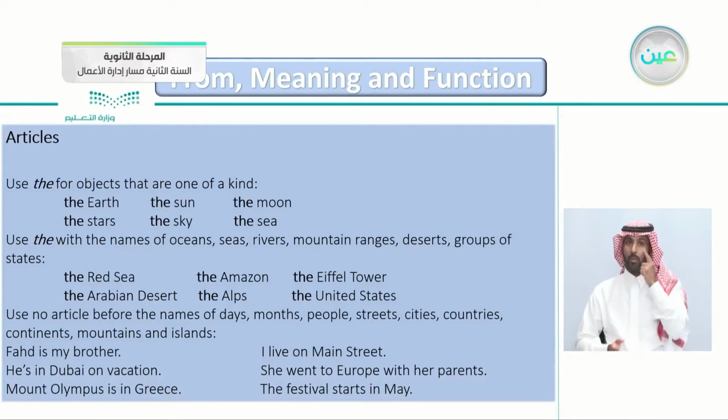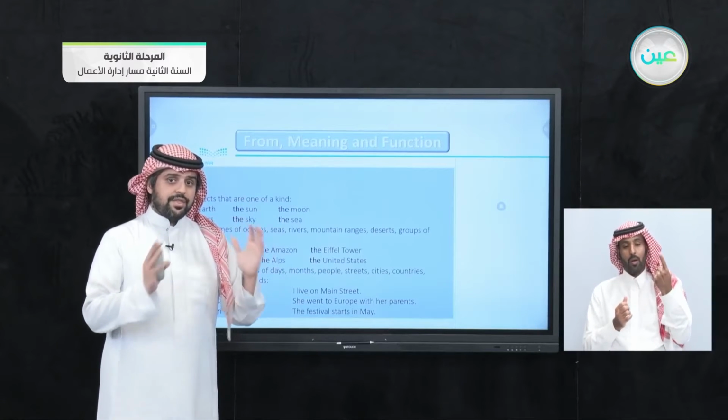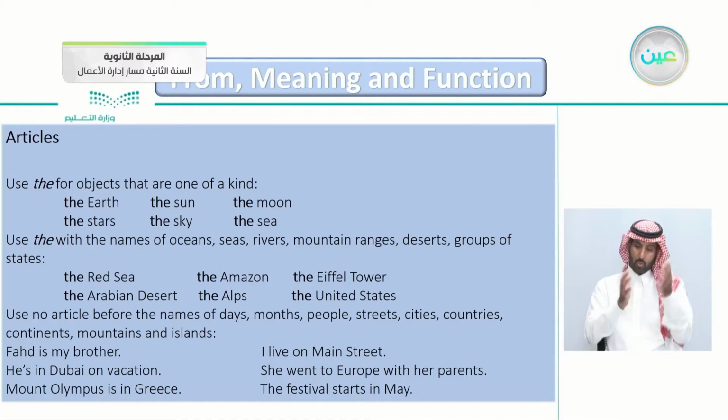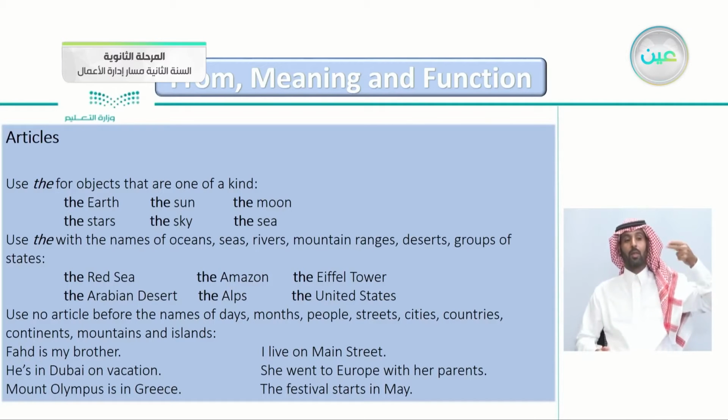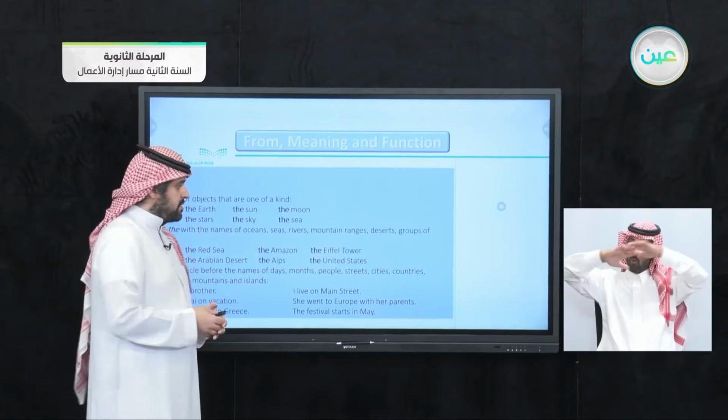When an object is one of a kind, there's only one, we use the. For example, here, the earth. You know that there's no other earth, only one earth. So we say the earth, the sun, the moon, the stars, the sky, the sea, etc. The sky, is there another sky for us? Of course, we know there's not.